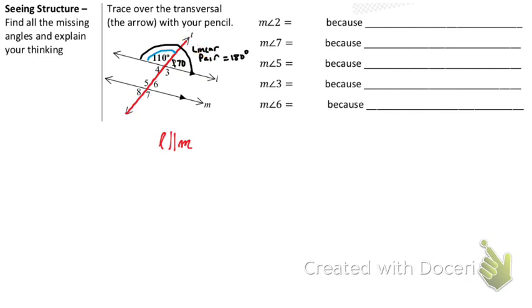And that's the definition of a linear pair. So angle 2 is 70 because of linear pair.